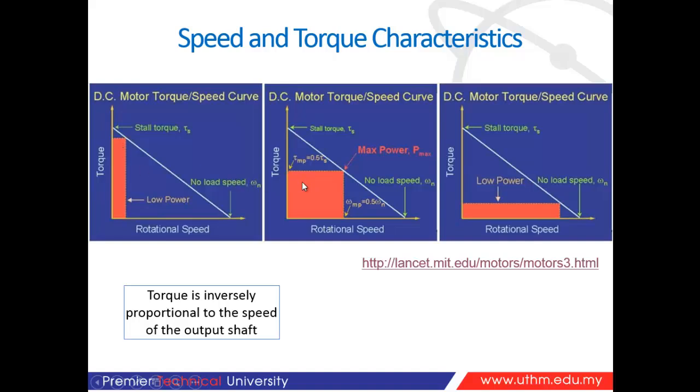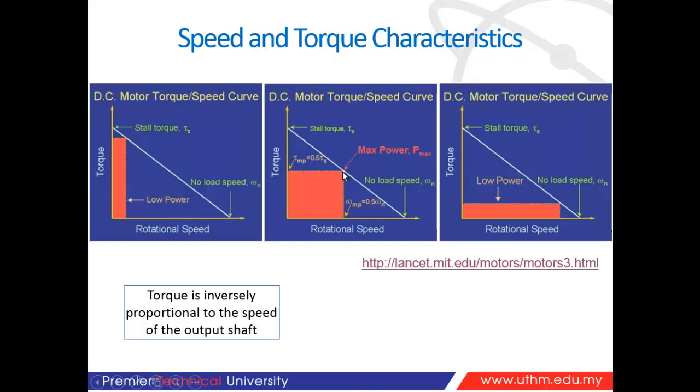Same goes here. When it is in the middle of the graph, you can see the area of the red area here is bigger. So when the area is bigger, it means that the power is the highest.